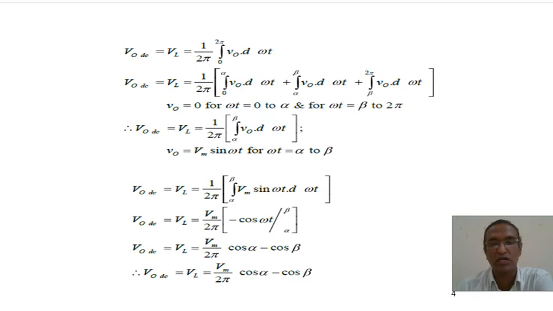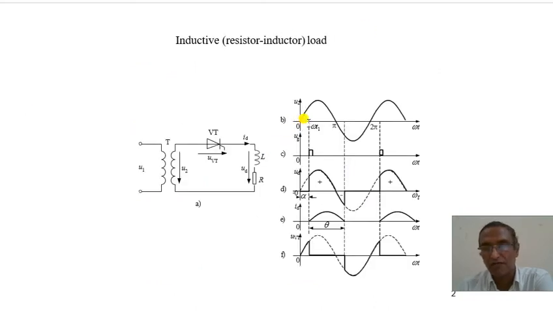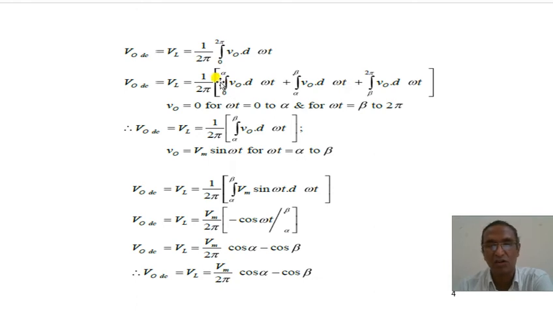One timing is 0 to the firing angle alpha, and then alpha to beta. From beta to 2 pi is the duration in which our thyristor works here. That's why we take this equation with 0 to alpha, alpha to beta, and beta to 2 pi for the output voltage V0.